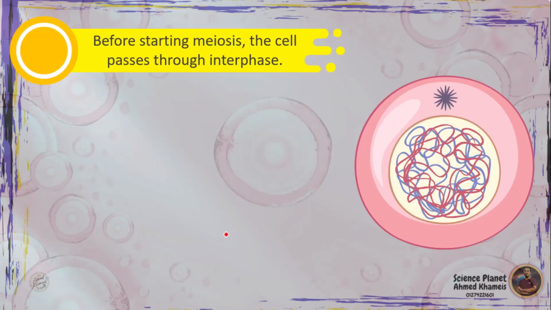And as we discussed before, when the cell enters the division, it passes through an interphase to do some important biological processes to prepare itself for the cell division and double the number of chromosomes.